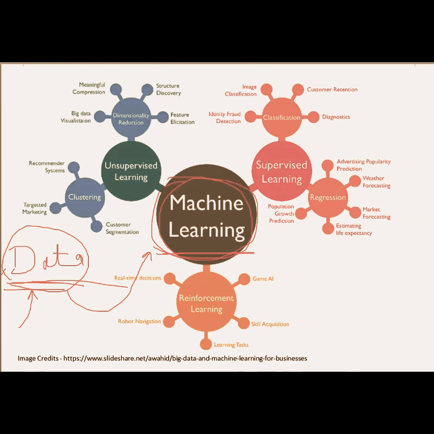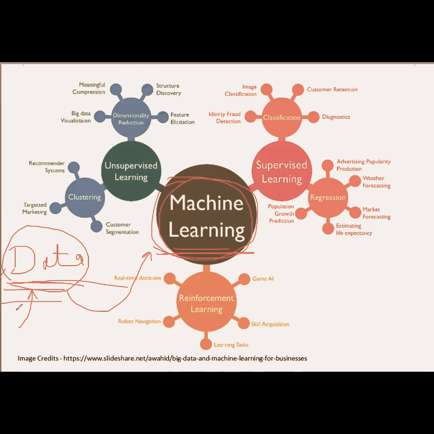Almost 60 to 70% of the time goes in cleaning the data and making it into a form that is acceptable by your machine learning model. Now, what is a model? I will come to that in a while. The remaining 30 to 40% of the time goes in actually using those machine learning models. That is the very first thing we should appreciate: a data engineer is a very crucial role, and it comes even before doing machine learning.